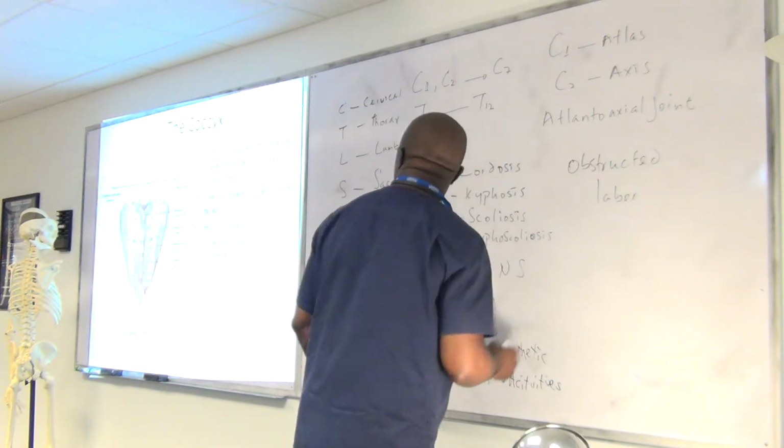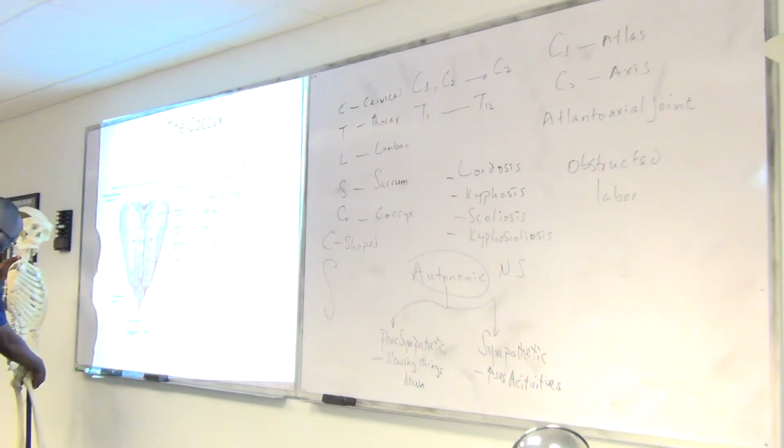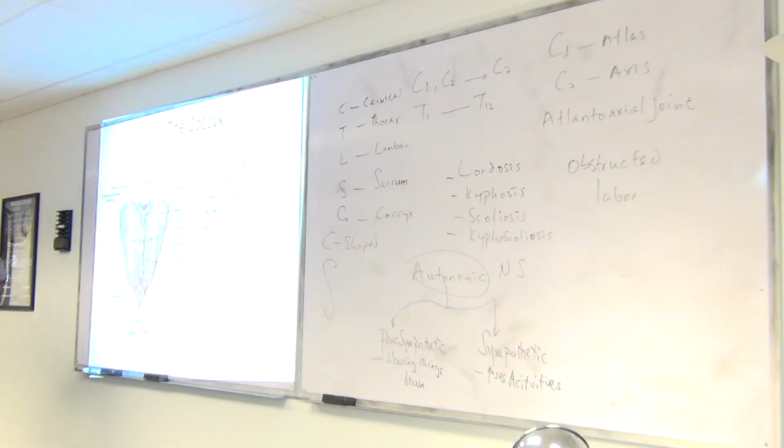Obstructed labor is when the baby, for some reason, let's say the woman hasn't been going for prenatal care, because as soon as the woman is going for prenatal care and all that, we check that everything is fine. We measure the head circumference of the baby in relation to the pelvic brim.